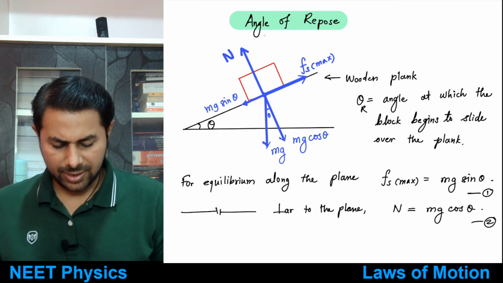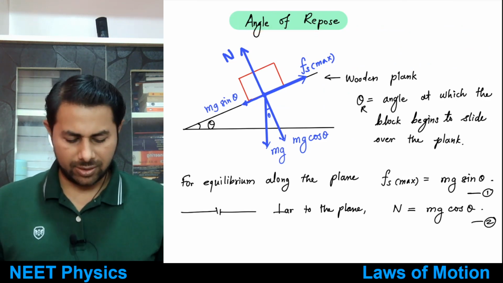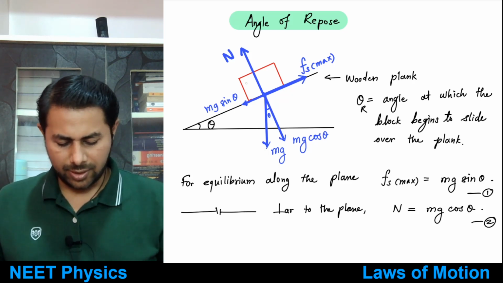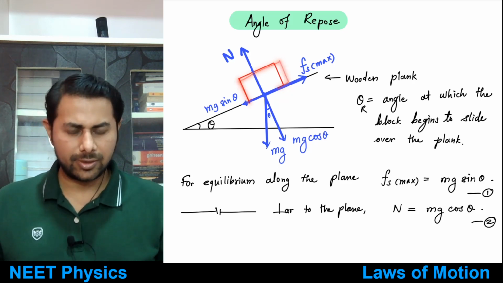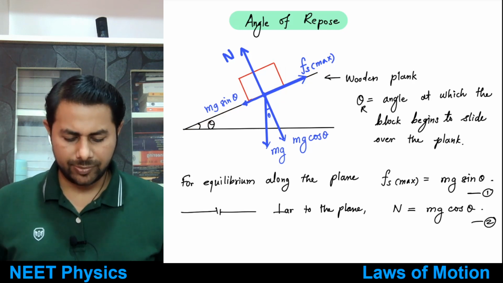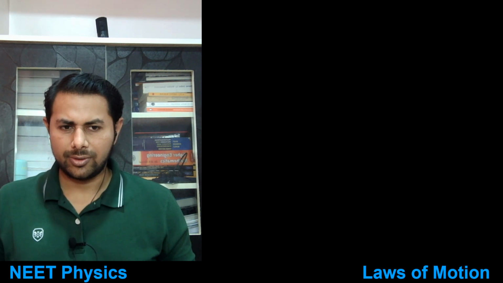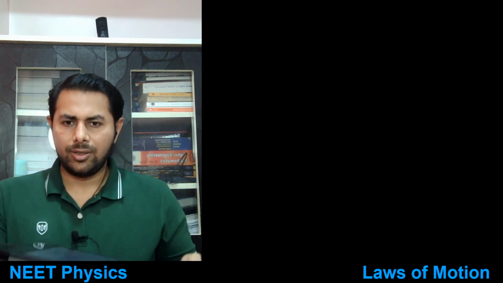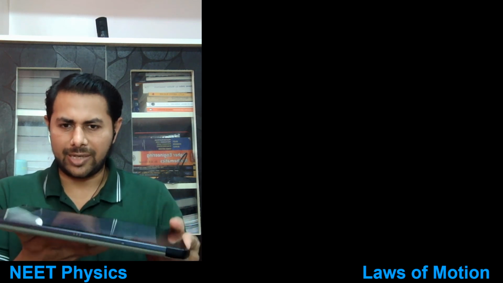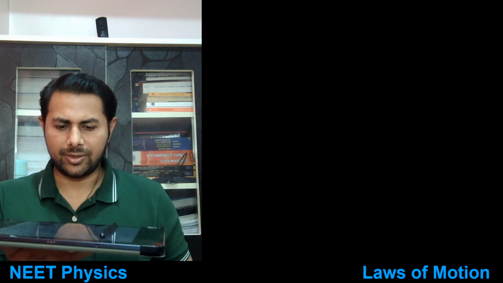Now let's talk about the angle of repose. What is the angle of repose? Suppose you have this block resting on an inclined plank. There is an experiment like this. You take a body, this is an inclined plank, and you keep the body over here.